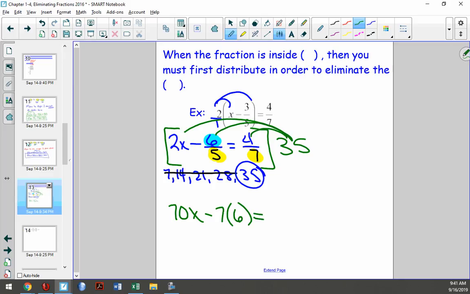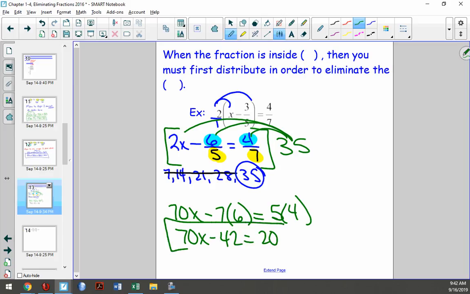And again, you're going to do the division first, which is the cross canceling. So 35 divided by 7 is going to be 5, and then drop down the 4, and simply multiply those out. 70x minus 42 is equal to 20. No fractions, no decimals, no parentheses.